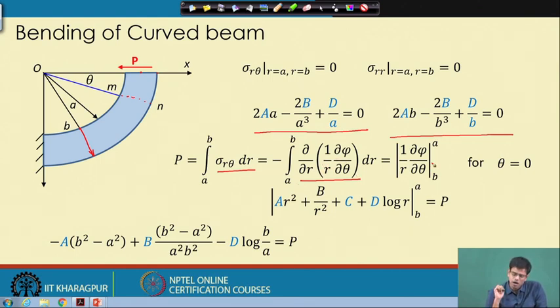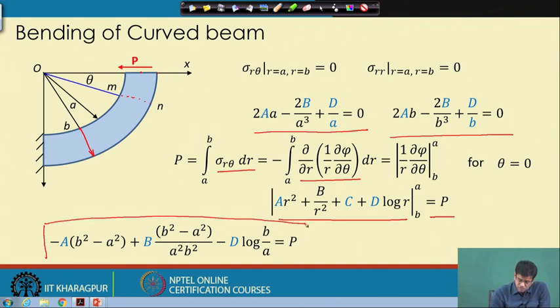If I substitute d phi d theta and divide by r, then I get this quantity, and this equals minus, because I have interchanged the limits from a to b to b to a. So this becomes this. Now if I substitute b and a here, this is my final form of the equation which I need to solve.